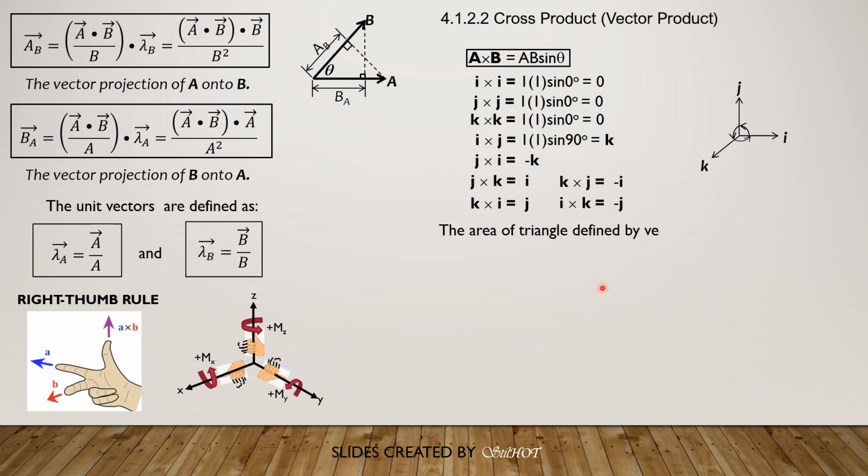So that's it. The area of the triangle defined by vectors A and B is 1/2 the product of the adjacent sides times the sine of the angle between them.